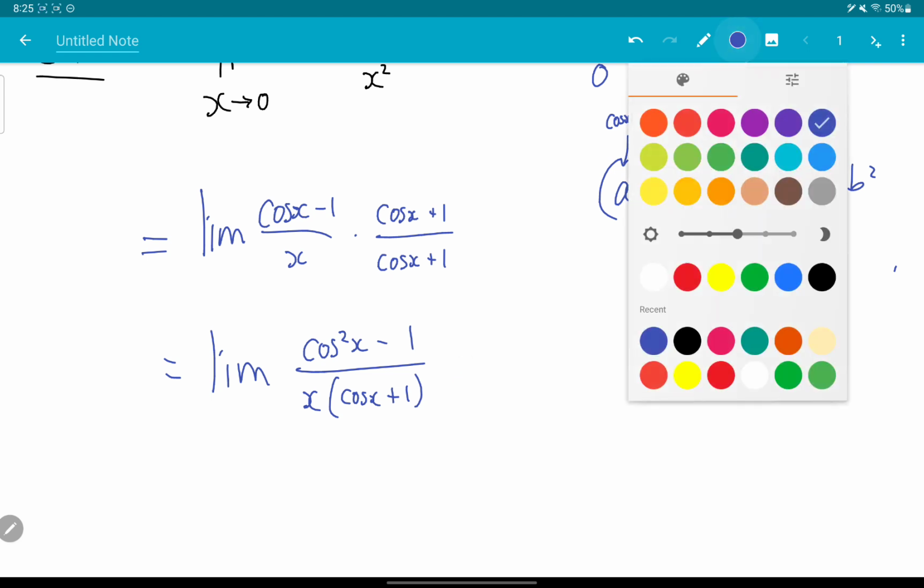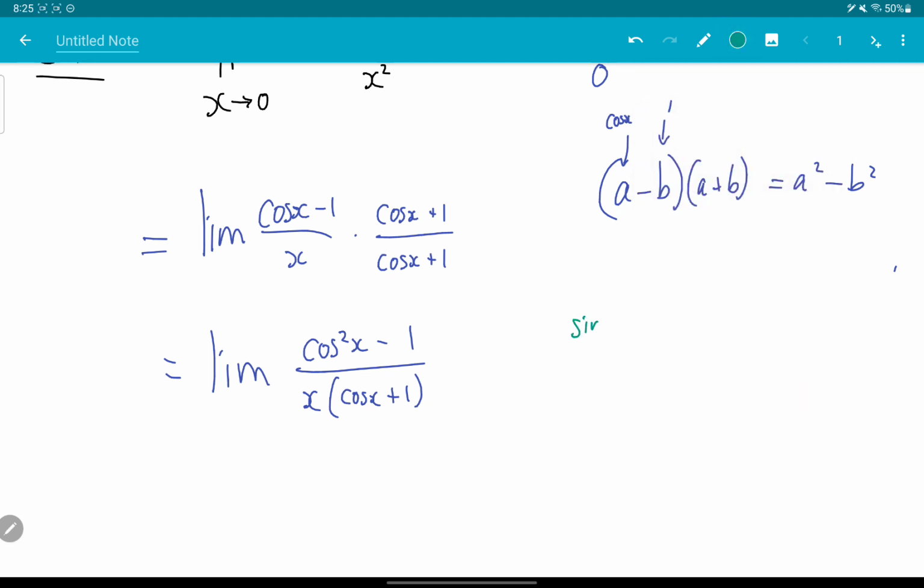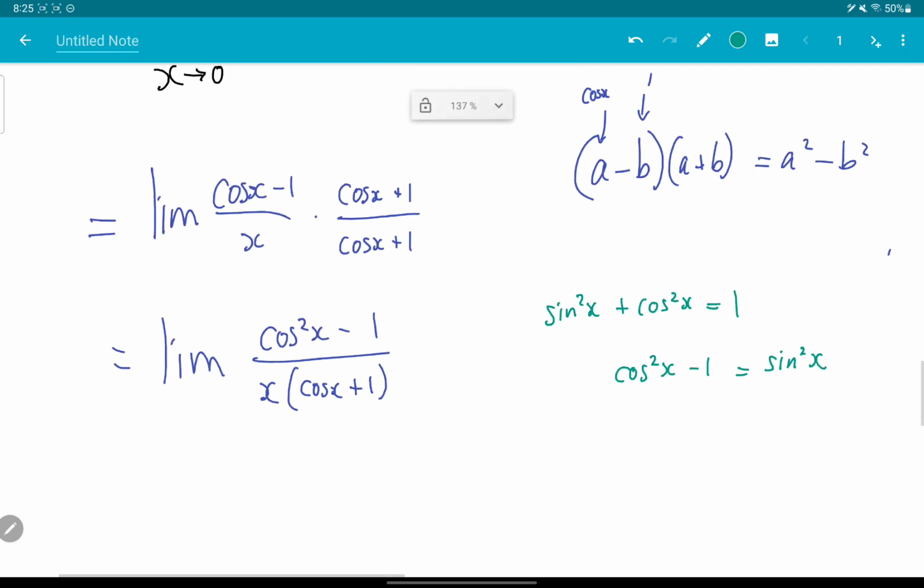Now, I have to notice here that sine squared x plus cos squared x is equal to 1. So cos squared x minus 1 is sine squared x. Oops, with a minus, right? There's a minus on this guy, right there. Don't forget that.